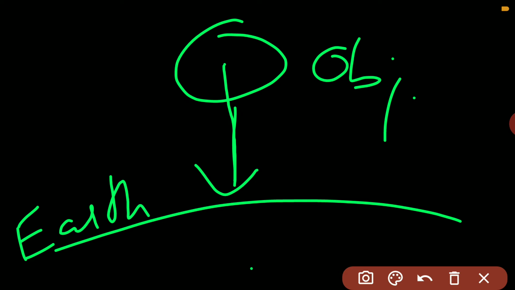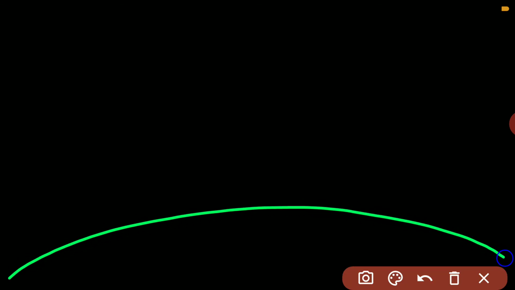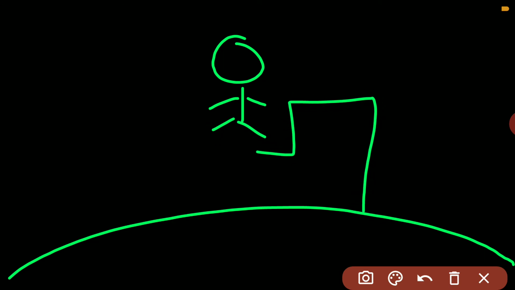Now trying to explain the second part, which is in vertical motion near the earth's surface for a height much smaller than the radius of the earth, the force of gravity on the body is assumed to be same throughout. Again let us try to understand this. This is the surface of the earth, and you are jumping from a staircase.